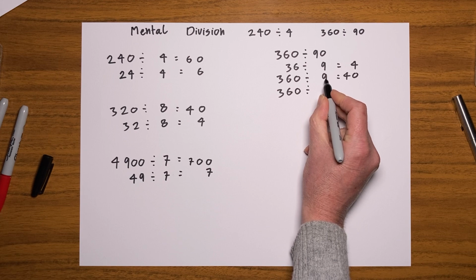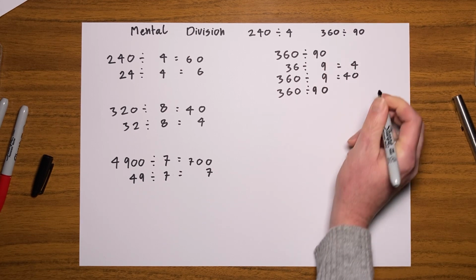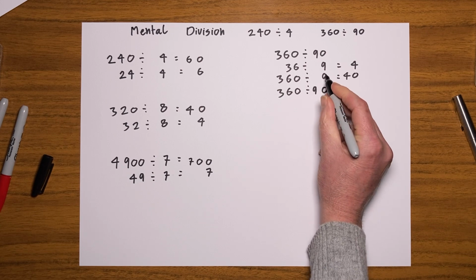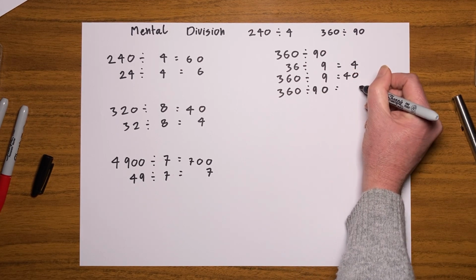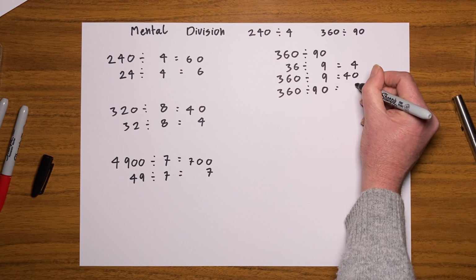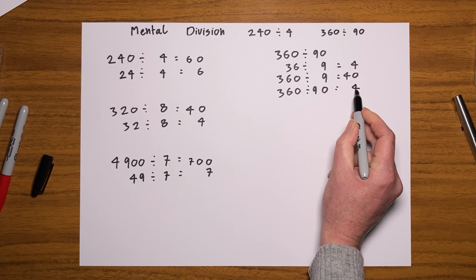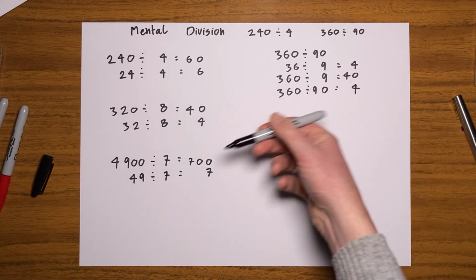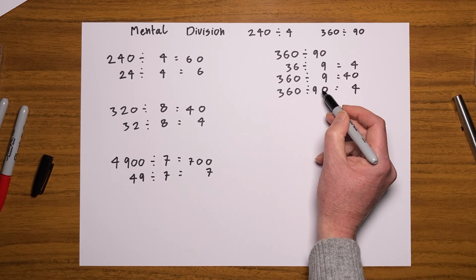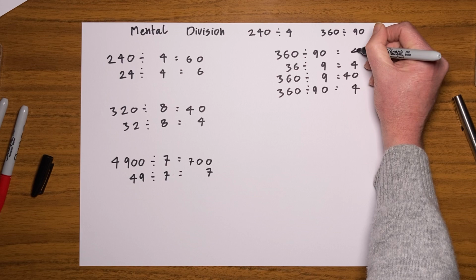I'm not sharing it amongst 9 people now. I'm sharing it amongst 90 people. Well, there's 10 times as many people sharing this, so therefore they are going to get 10 times less. So they'll get 4 each. It's always worth checking these by, does it work backwards? Does the inverse? Does 4 times 90 make 360? And of course, it does.